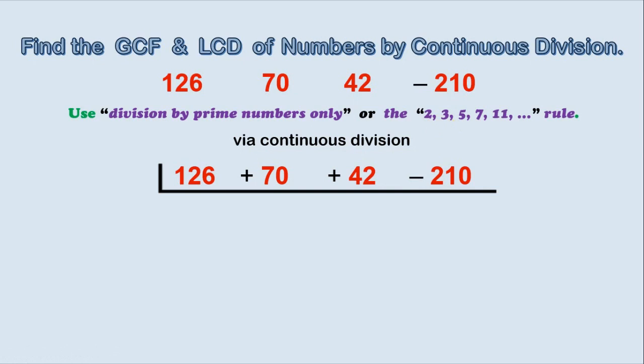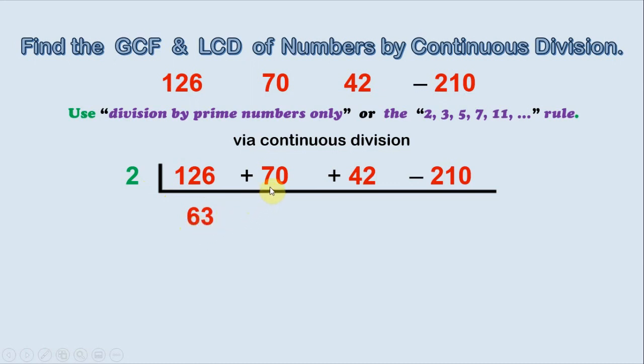In our example, the first possible prime divisor from the list is 2. Therefore, we will use the prime number 2 as our first prime divisor. Next, proceed to divide the numbers. Divide 126 by 2 to get 63.